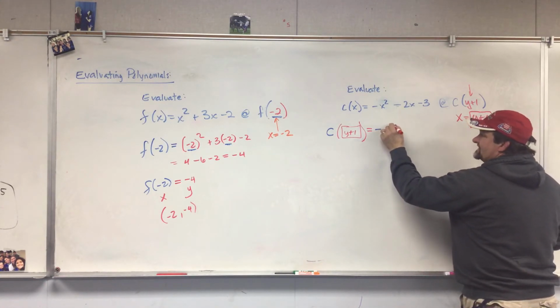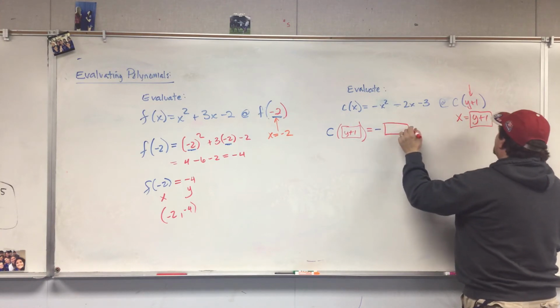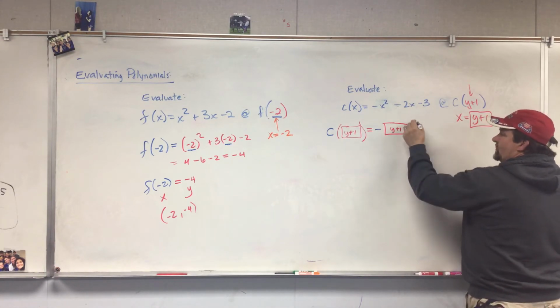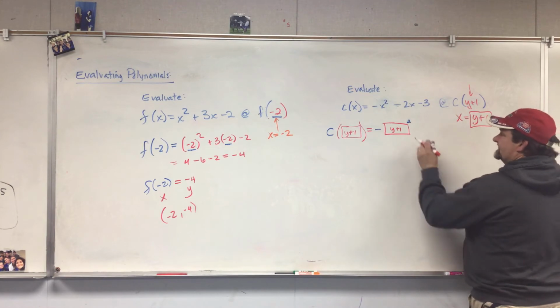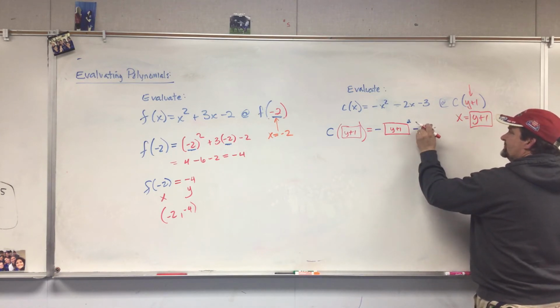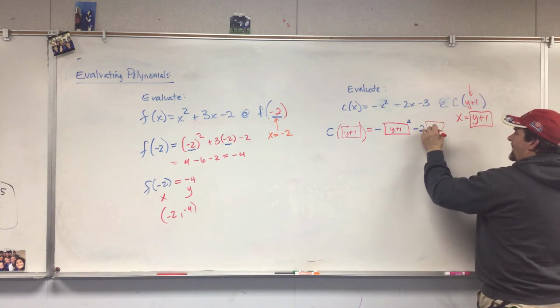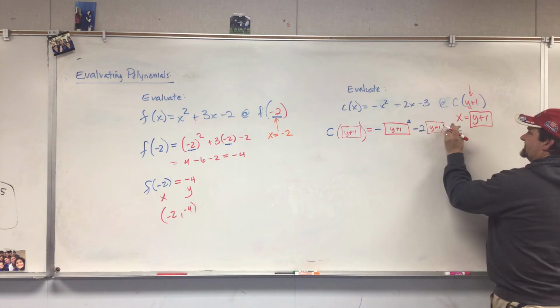and I'm going to put a box right here, y plus 1, I'm going to put squared right there, minus 2, my box again, y plus 1, and then minus 3.